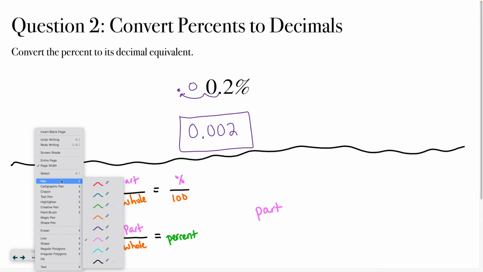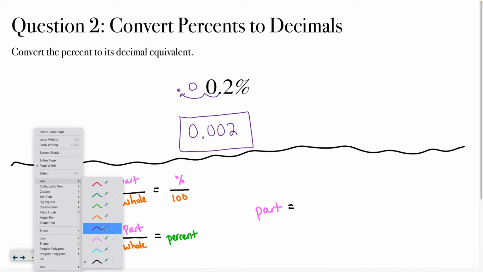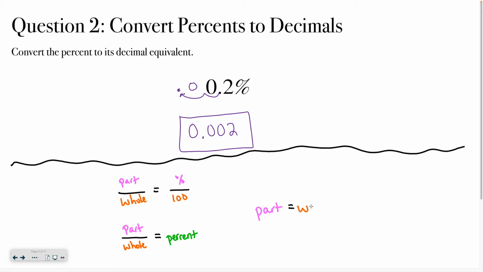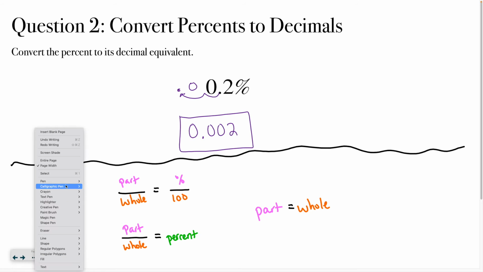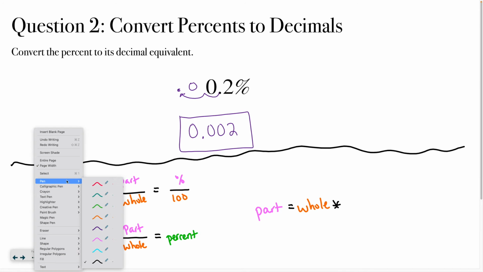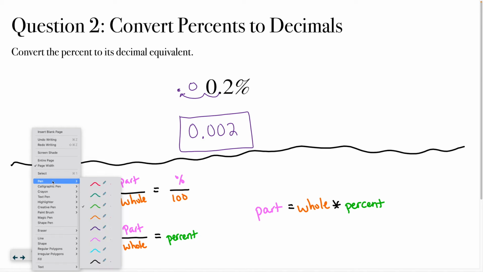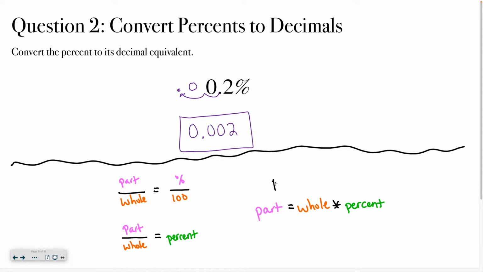So we have part, and then we have equals, and then we have whole times our percent. Okay, so that's how you can make a connection between what we've been doing and what we're about to do. So our percent equation is part equals whole times percent.